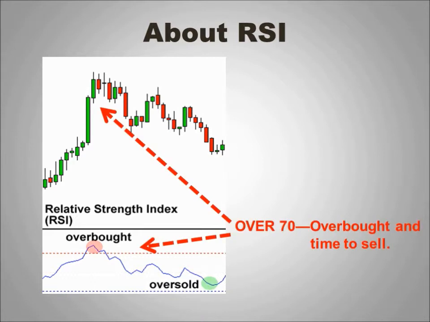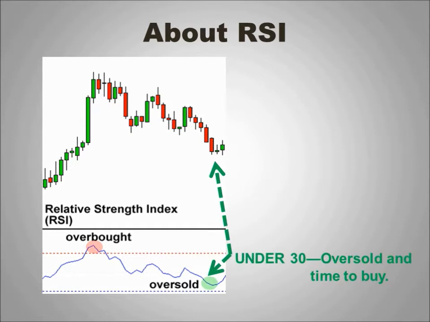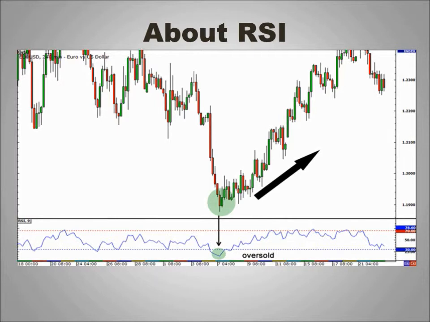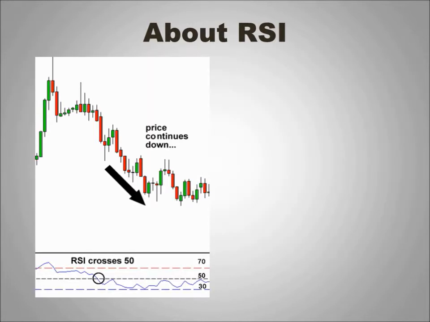As we can see, over 70 is overbought and time to sell, under 30 is oversold and time to buy. So here's how it works on a larger chart. And again, here the market is oversold, so many investors have chosen to go long, and they are enjoying a really nice sizable profit.